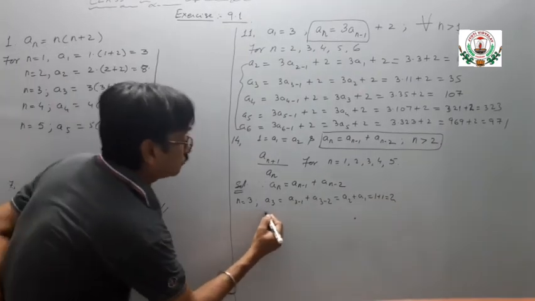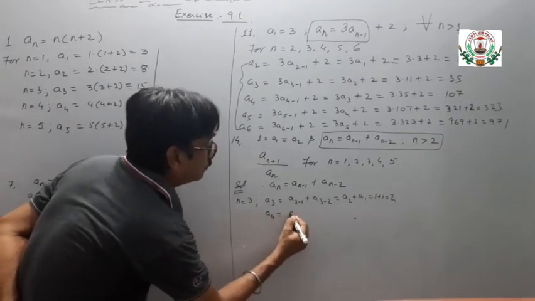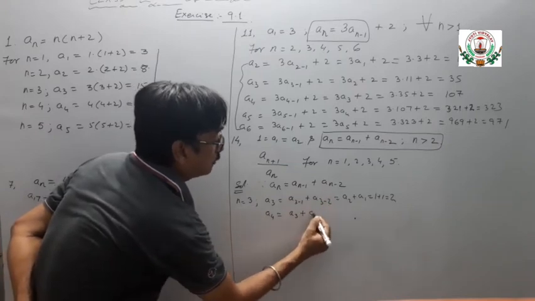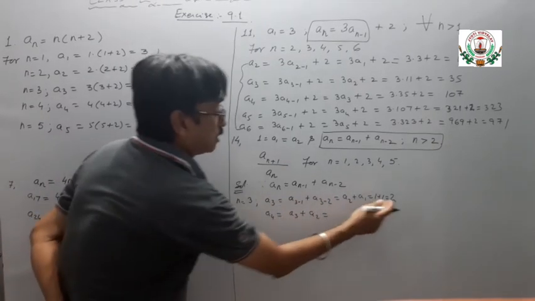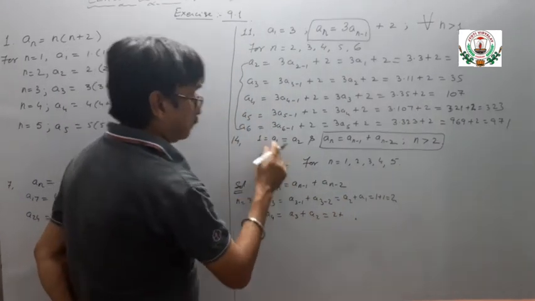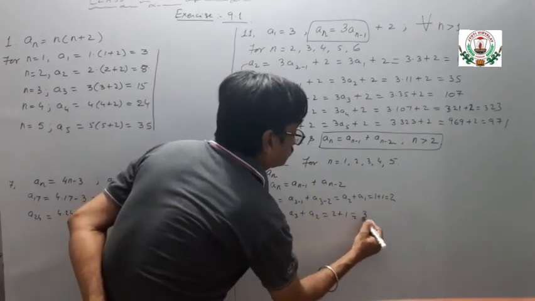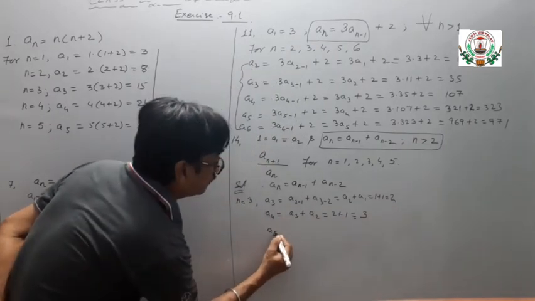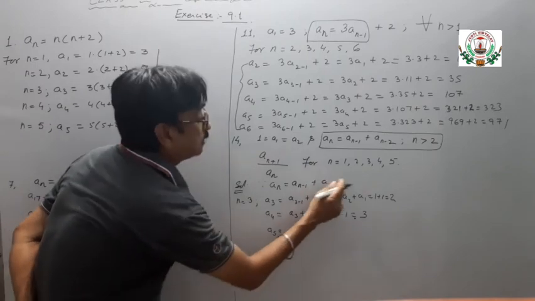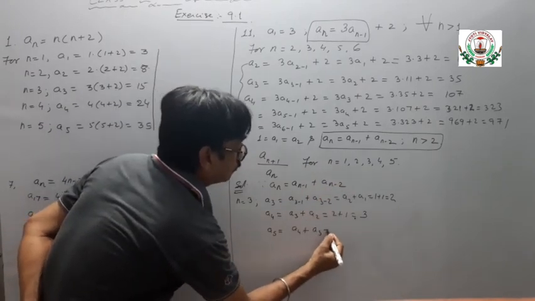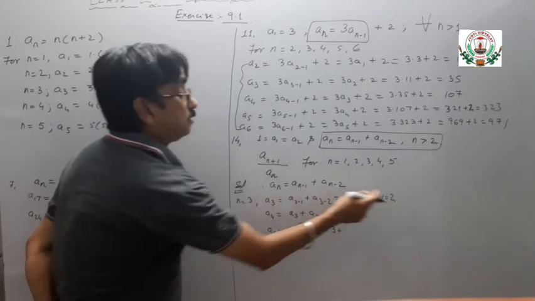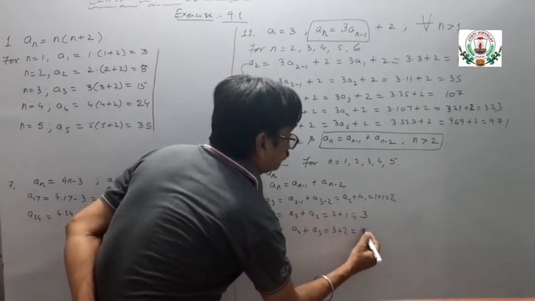Now a4: in place of n, 4. 4 minus 1 is 3 and 4 minus 2 is 2, so a3 plus a2. The value of a3 is 2 and a2 is 1, so 2 plus 1 equals 3. Next I am going to calculate a5, so 5 minus 1 is 4 and 5 minus 2 is 3. The a4 value I calculated is 3 and the a3 value is 2, so 3 plus 2 is 5.